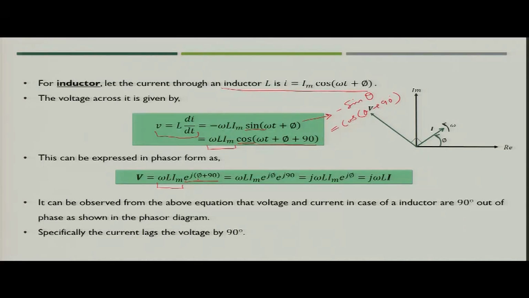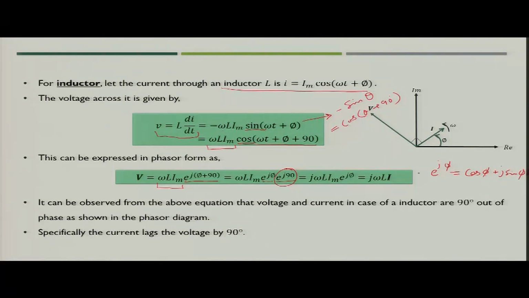Now, this term you can separate as e to the power j phi and e to the power j 90. Now, if you see this term, what will you write? As you know, e to the power j phi is nothing but cos phi plus j sin phi.